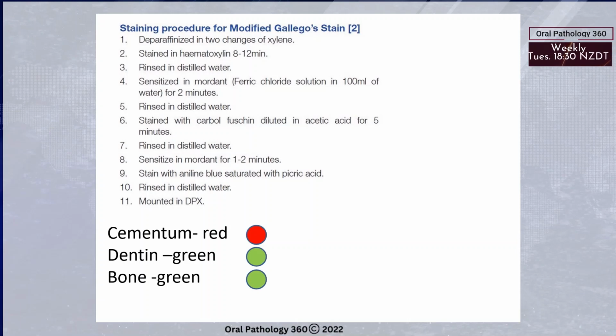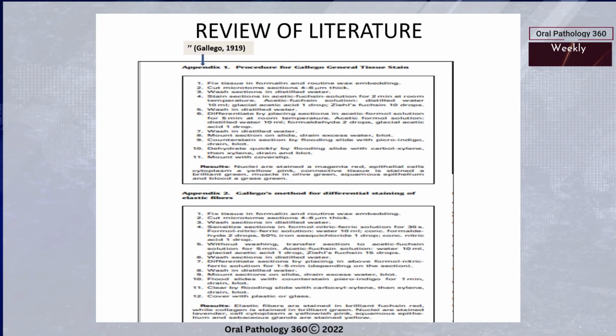And the interpretation is cementum gives red color and dentin and bone are green in color.